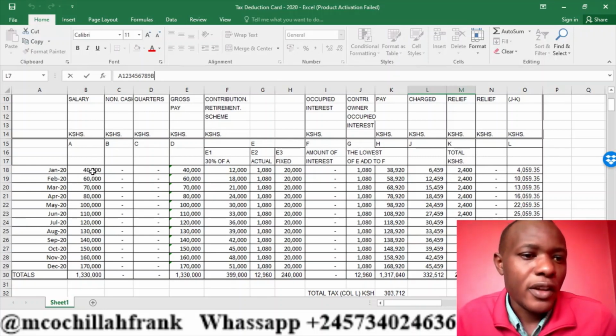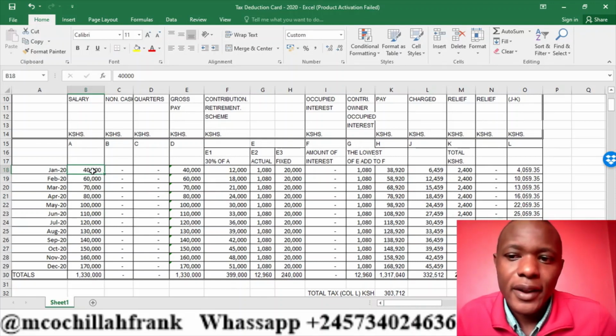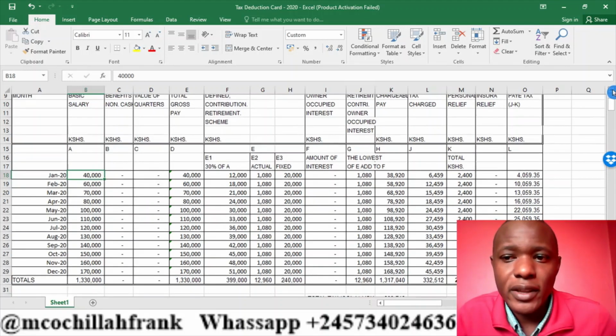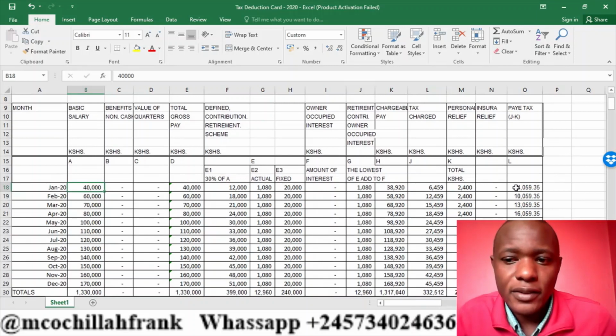So in January, say you earned 40,000, and you will note that the sheet is formulated, so it calculates the PAYE automatically down there. As you can see, if it's 40,000, you're required to pay a PAYE tax of 4,059 shillings.